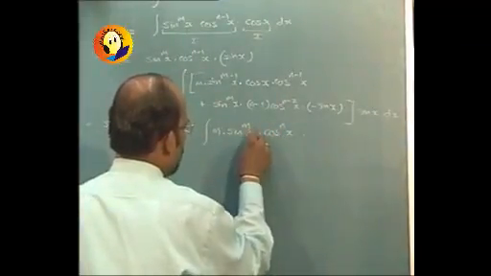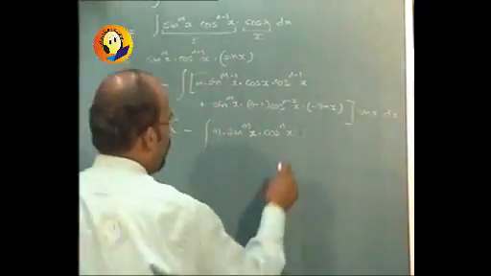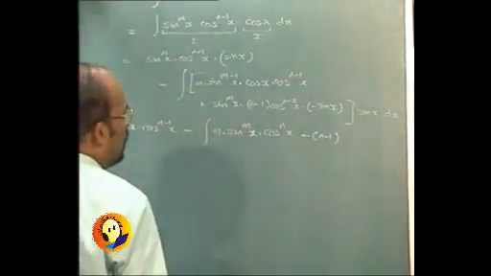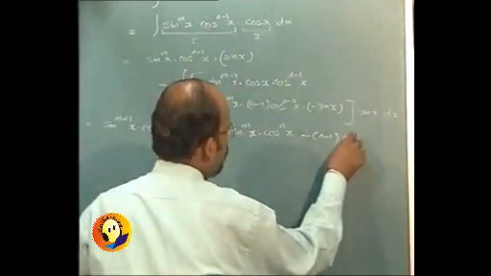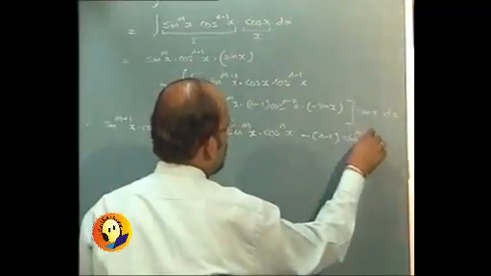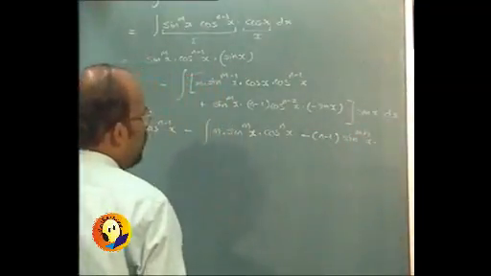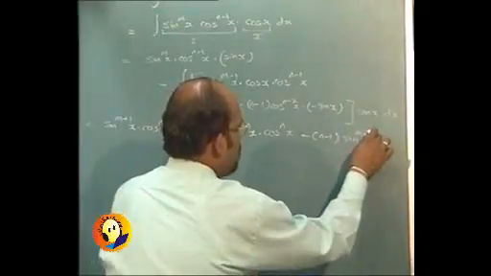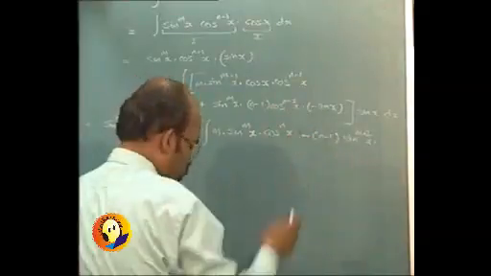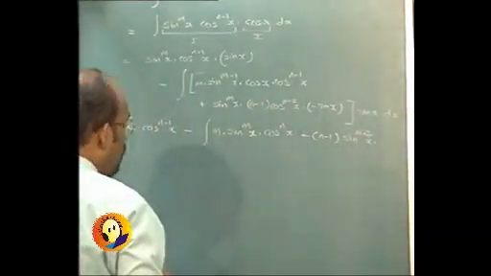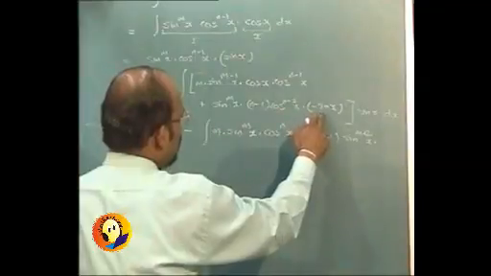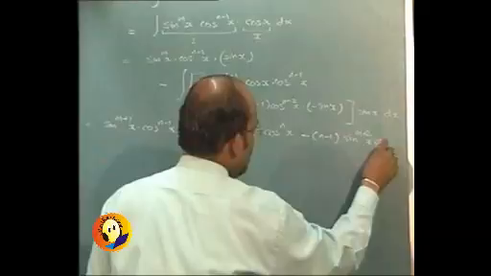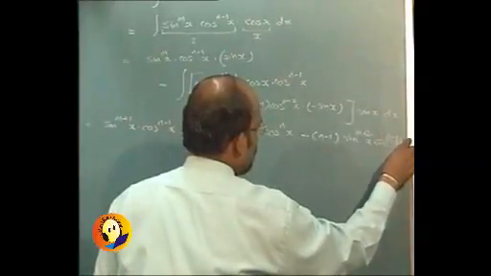That is the first term over here, and the second term will be minus n minus 1 sin raised to m plus 1 x into cos raised to, this is going to be sin raised to m plus 2 x, because there is already a sine term over here and one sine outside, so it will be sin raised to m plus 2 into cos raised to n minus 2 x dx.